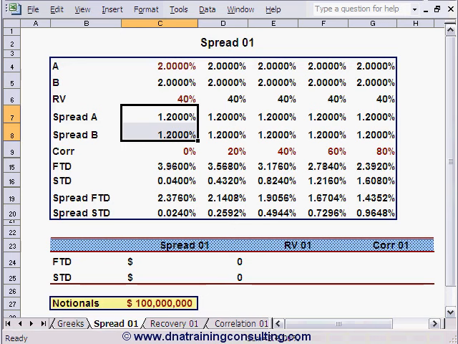The inputs, we remind you, are RV and the PDs. But we know that the spreads are simply 60% of the default probabilities.